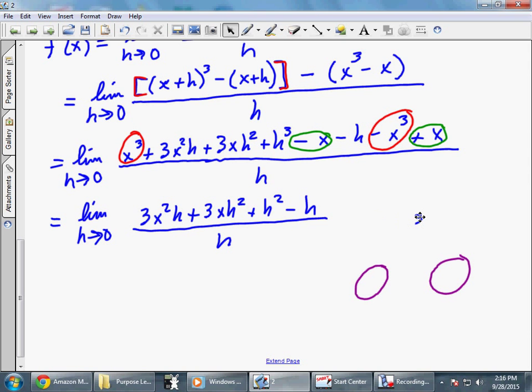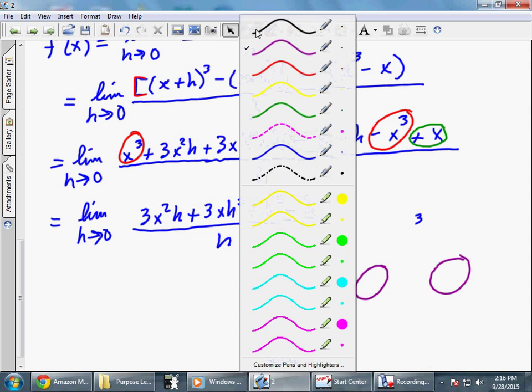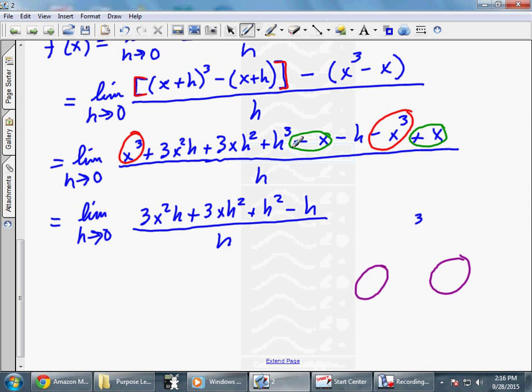Okay, hang on. We got it. We're going to get it. Just stay with it. Don't freak out. Just because it's hard doesn't mean you can't handle it. So now that that's cubed, the h squared needs to be h cubed.